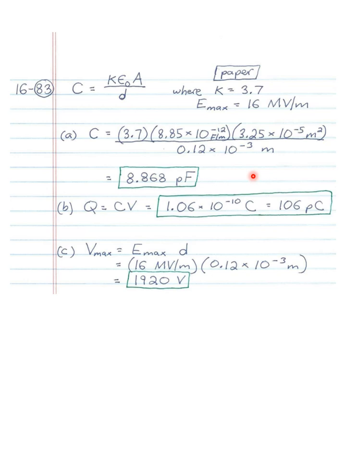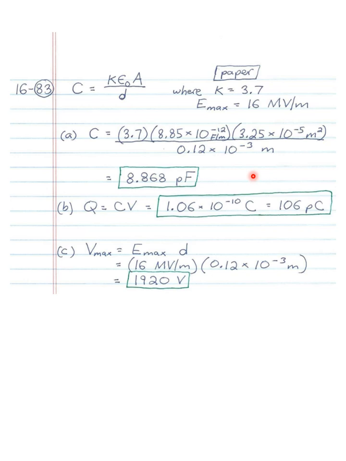Then we want to know what is the maximum possible potential difference that can be sustained with this particular capacitor. So we're going to use now from the table the dielectric strength, otherwise known as maximum electric field.